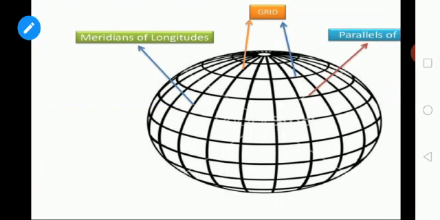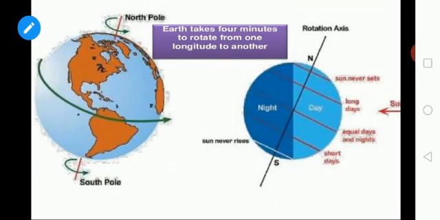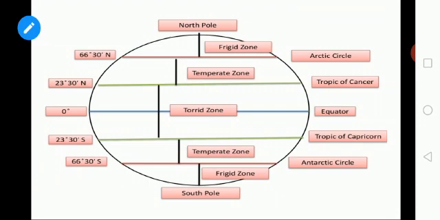Then the longitudinal and latitudinal extent, you can see that. Latitudes are also called parallels and longitudes are also called meridians. This you already know from the previous classes. This is a small slide which helps you to know that our earth is in a tilted position, isn't it? So, you know this already, and this is the North Pole and the South Pole, and how the zones are divided.